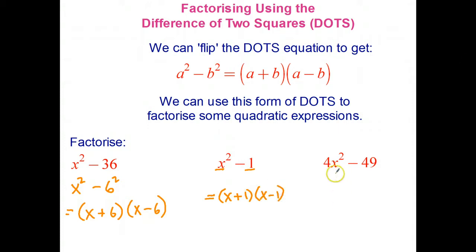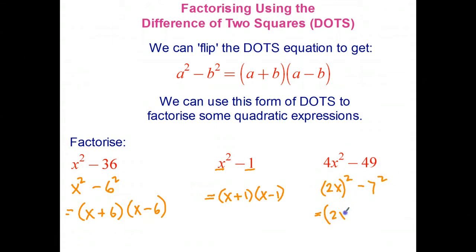This one's slightly harder, so you need to think the expression, or the term, 4x squared is really 2x in brackets all squared, and that of course is 7 squared. So now we have a squared minus b squared.